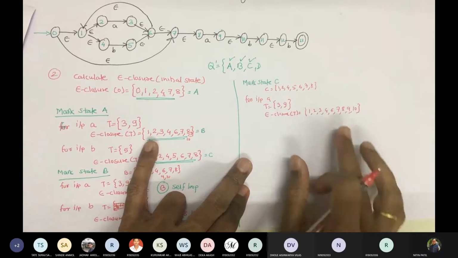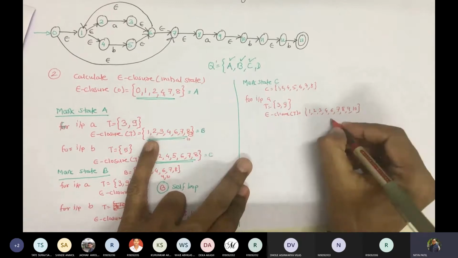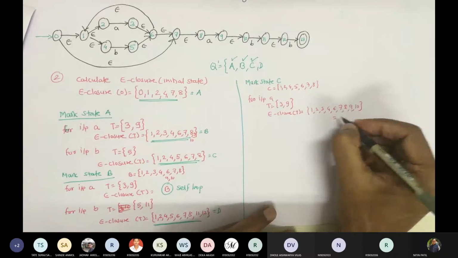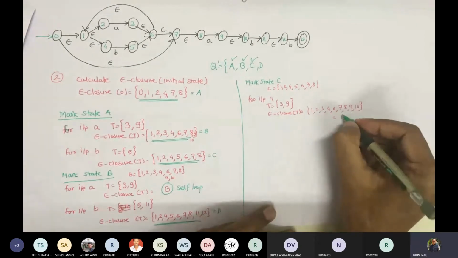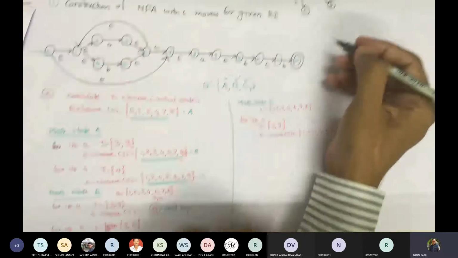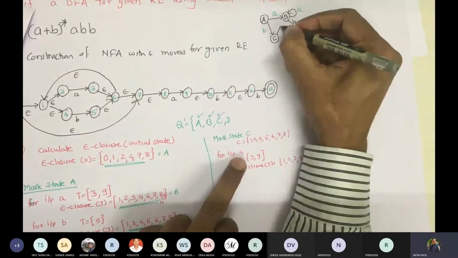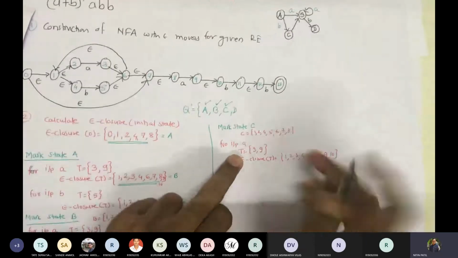Correct? Because we have computed epsilon closure of 9. So this is again B. So there is a transition from C with input A going to B.